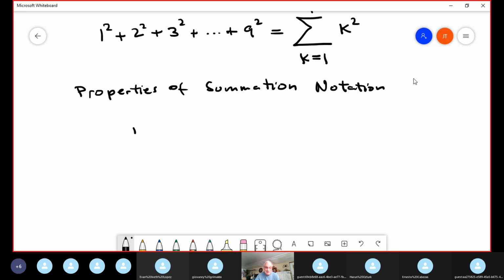Okay, the first property is, suppose you have summation from k equal 1 to n. n is 10, 100, whatever.